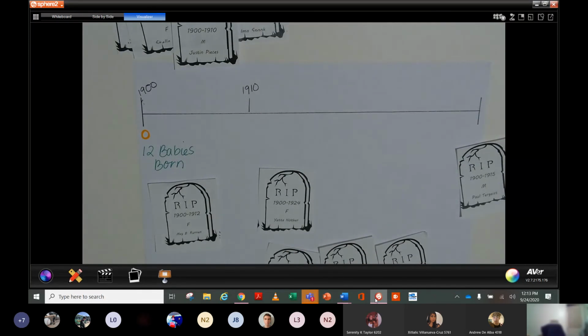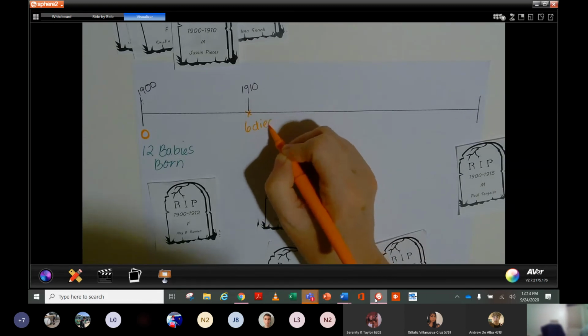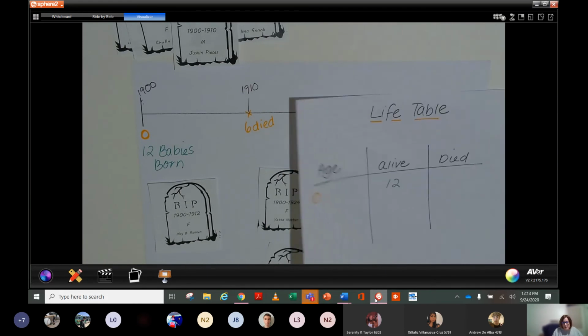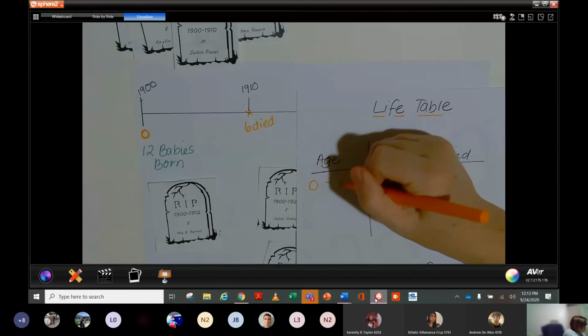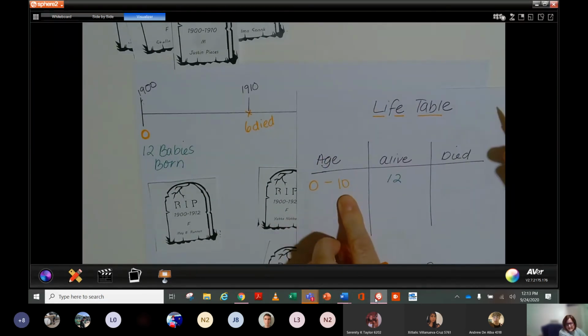So basically, by this point, 6 of the original 12 died. All right, so in my table here, from 1900 to 1910 is 10 years. 12 were born, but by 1910, 6 of them had died.